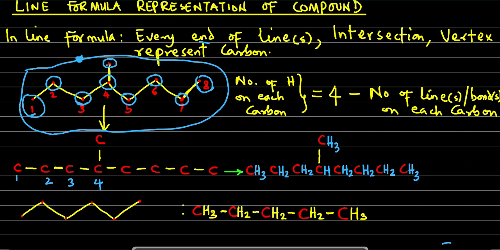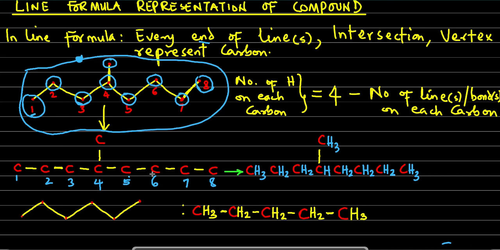Do not forget that the end of that line is actually a carbon atom. However, the line is the bond joining this carbon to carbon 4. All right, so we have carbon 5, carbon 6, carbon 7, and carbon 8. So this is the interpretation of this.